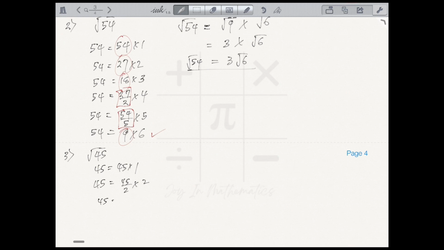And 45 in terms of 3 is 15 times 3. 45 in terms of 4 is 45 over 4 times 4, and 45 in terms of 5 as multiples of 5 will give me 9 times 5. So which are we going to pick?